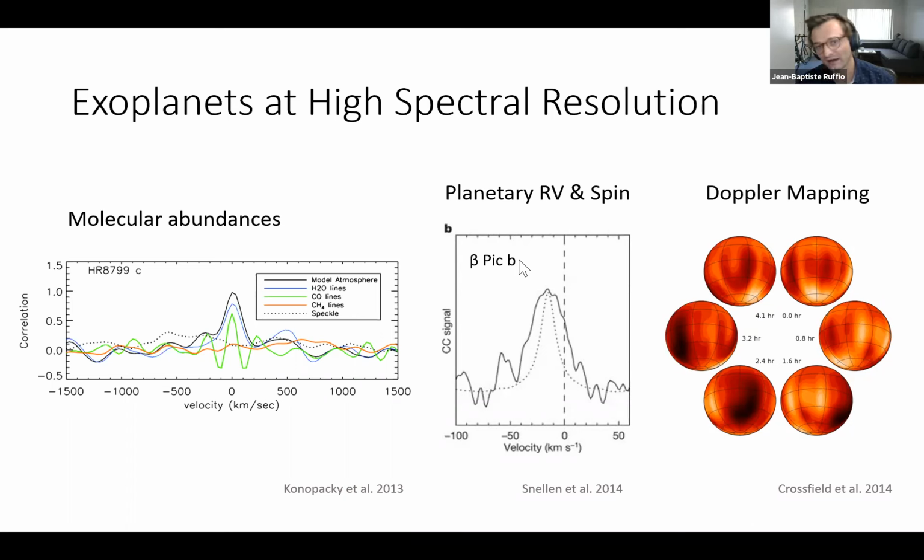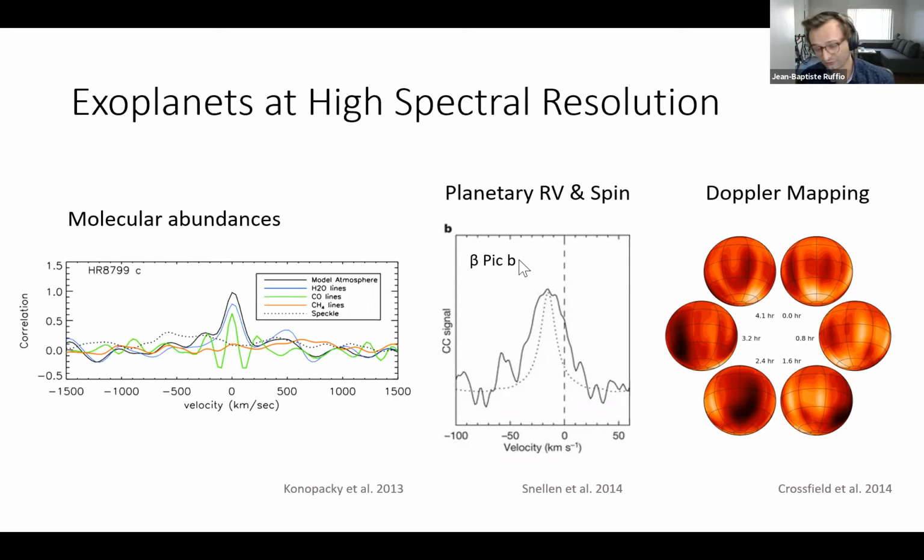Why do we care about high spectral resolution? The idea is that if we can resolve molecular lines, then first we can detect specific molecules, and that's also going to give us a better handle on their abundances. Also, with higher spectral resolution, we can break some of the degeneracy that exists at lower resolution when doing atmospheric fits between, let's say, clouds, surface gravity, and other things.